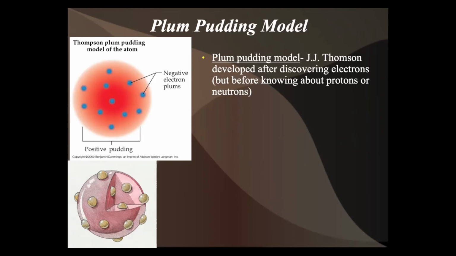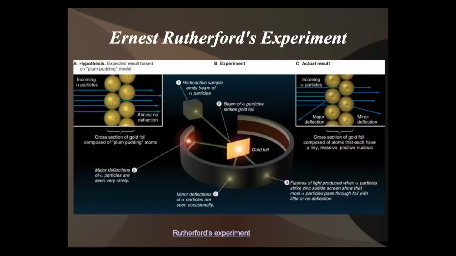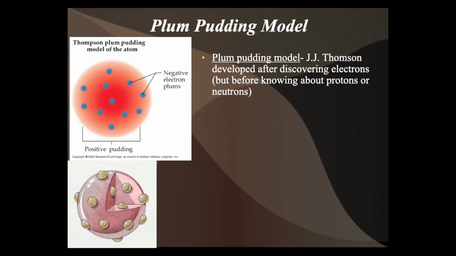And then you have floating around the jelly these solid electrons that are in blue. And that was his guess about the atom and what it would look like. And so he developed this without knowing about protons or neutrons. It didn't last very long because he discovered protons pretty quickly after this.